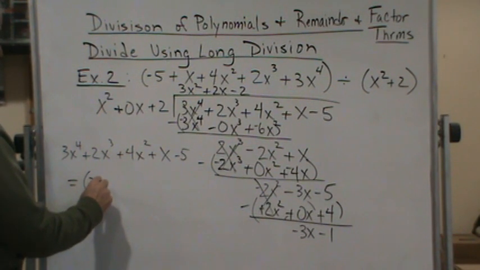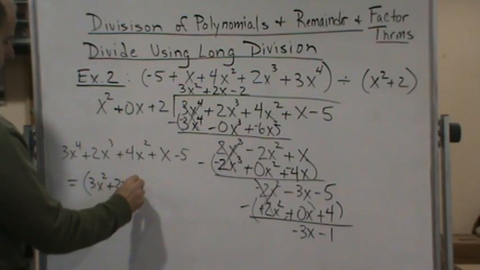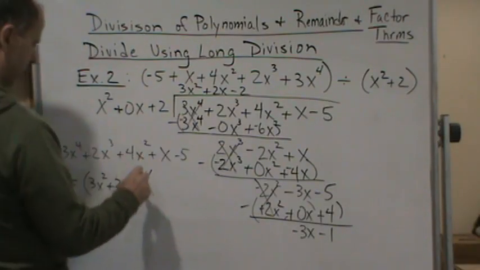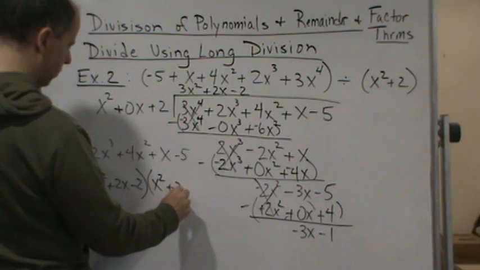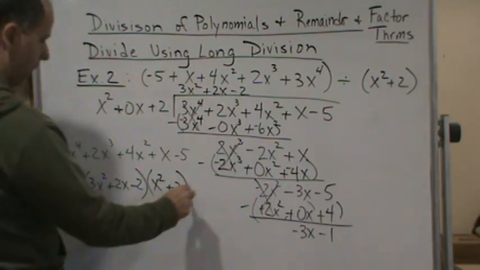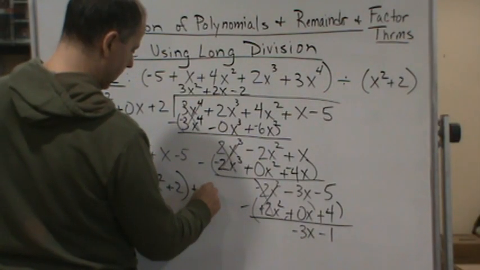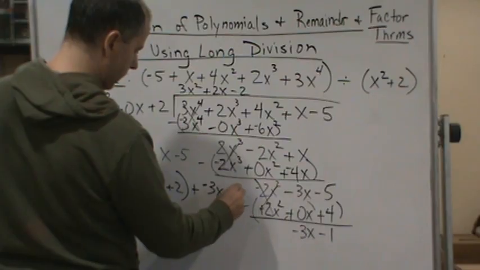The quantity 3x squared plus 2x minus 2 times my divisor, which is x squared plus 2, plus my remainder, which is negative 3x minus 1.